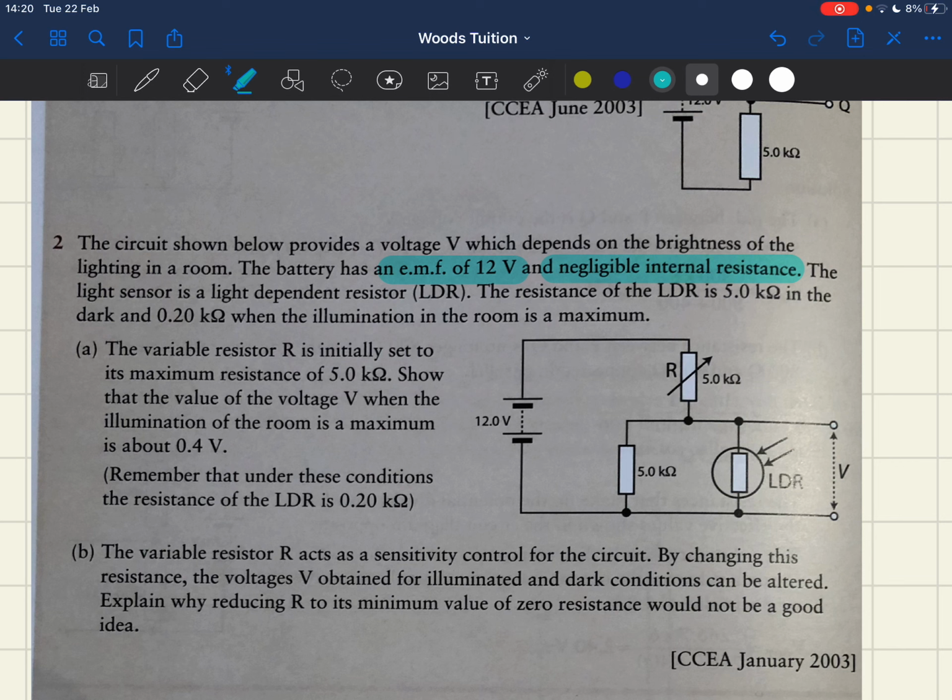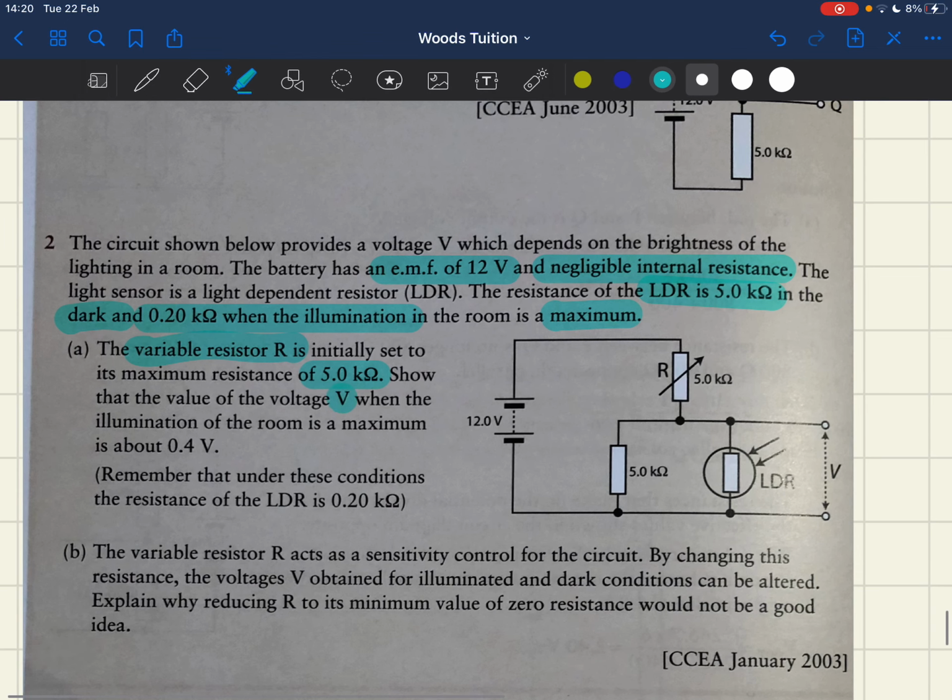The resistance of the LDR is 5 kilo ohms in the dark and 0.2 kilo ohms when illumination is maximum. The variable resistor, which is this one here, is initially set to its maximum resistance of 5 kilo ohms, and we are to show the value of the voltage V, which is our V out, when the illumination of the room is a maximum is about 0.4 volts.